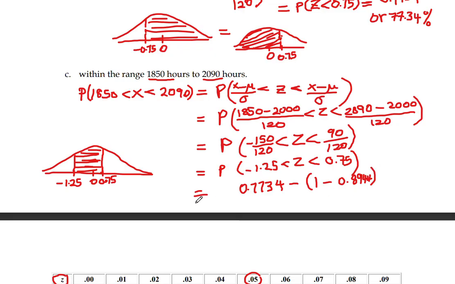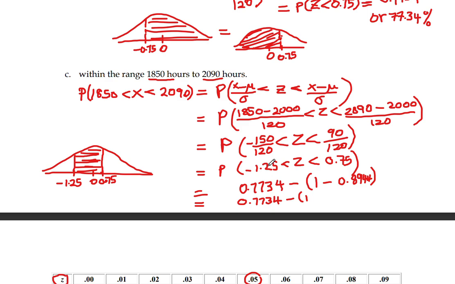Yes, and then we're going to simplify this. So this will become 0.7734, which is the probability reading for the positive value in this interval. Take away 1 minus the probability reading associated with the positive number or the absolute value of the negative number.